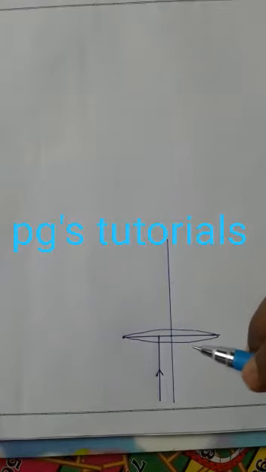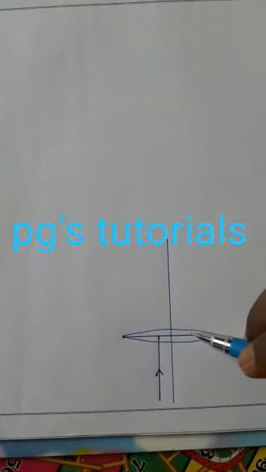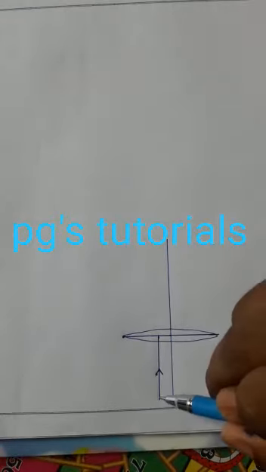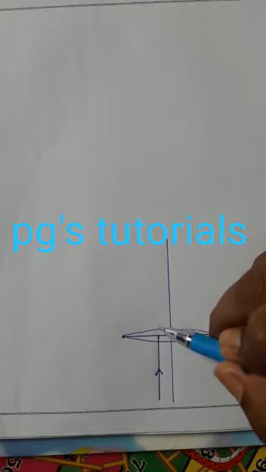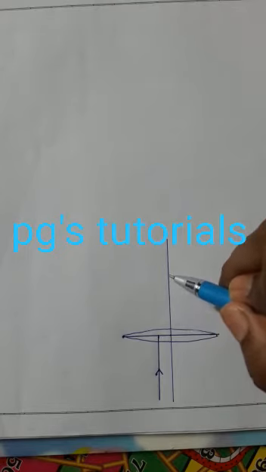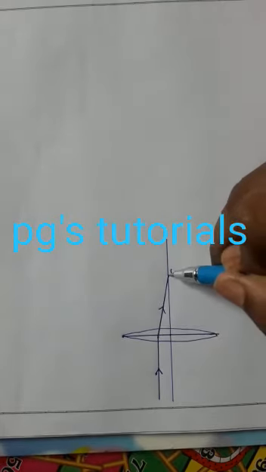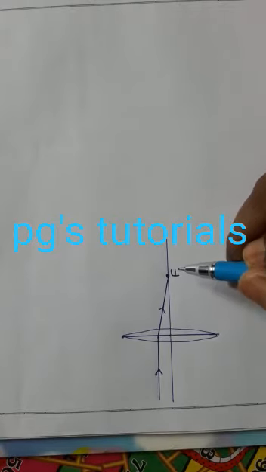Here it is important to mention that if the incident ray is parallel to the principal axis, then after refraction it meets at focus. This point is called the focus.